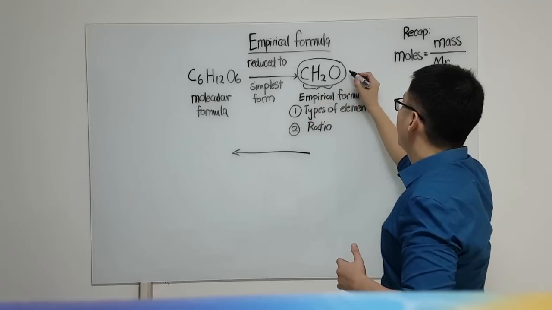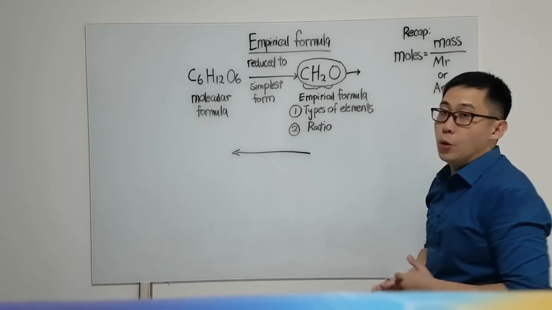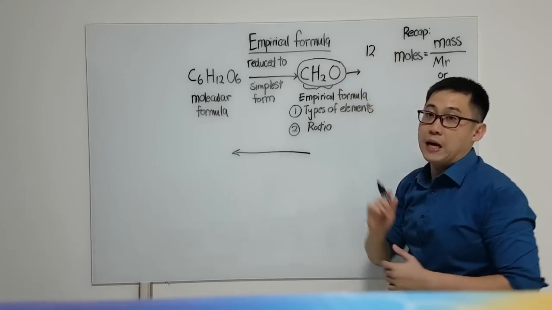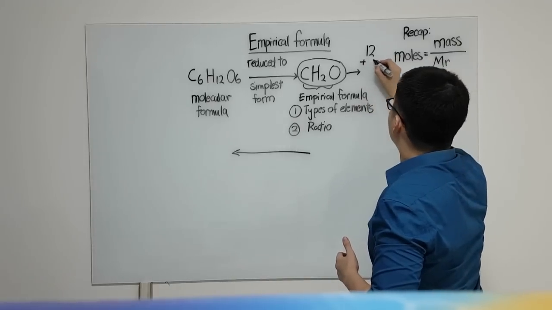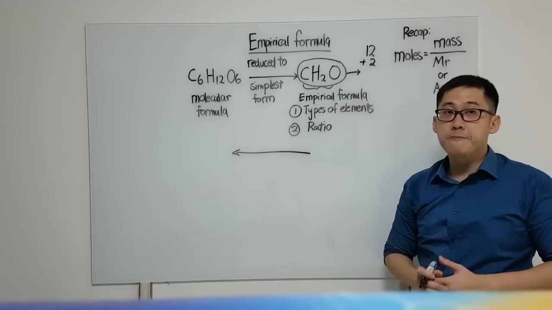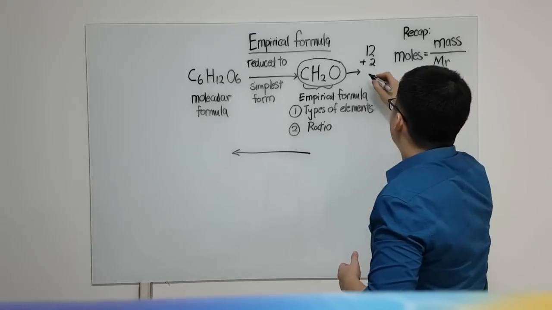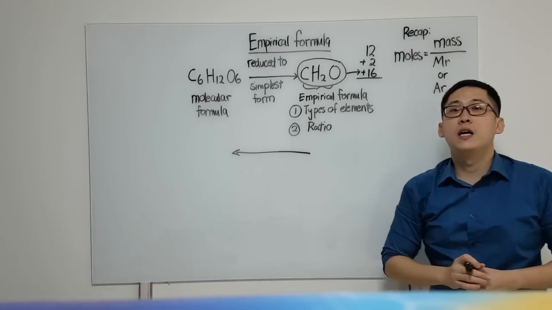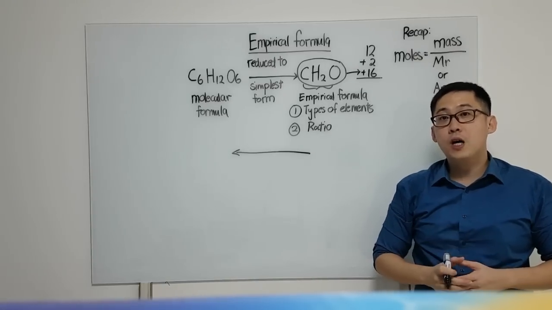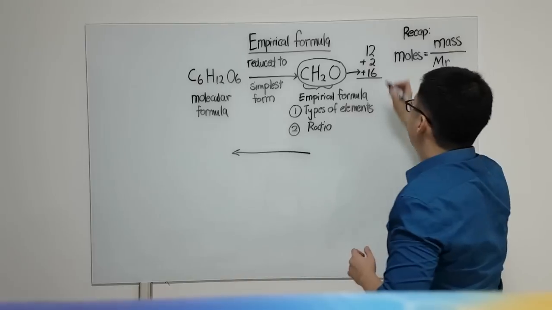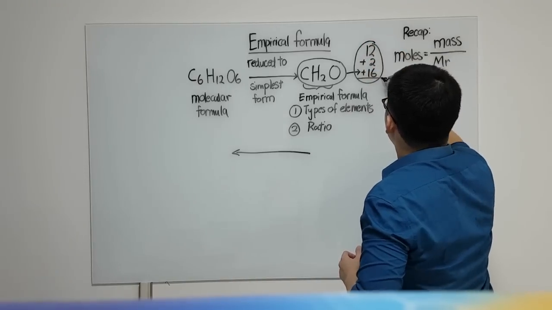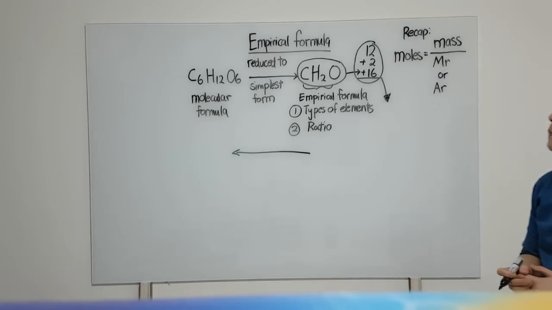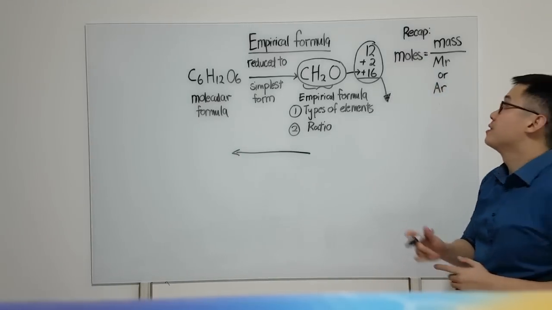This relative molecular mass would be equal to 12, which is 1 carbon, plus 2, which is from 2 hydrogen, plus 16, which is the relative atomic mass of 1 oxygen. If you add them up together, you will get 30.